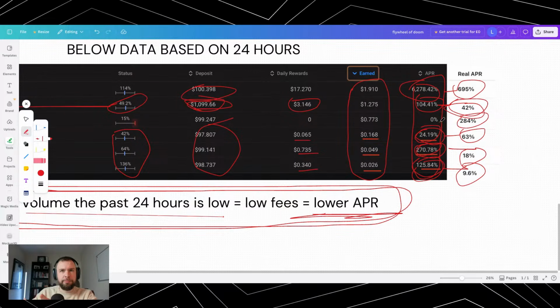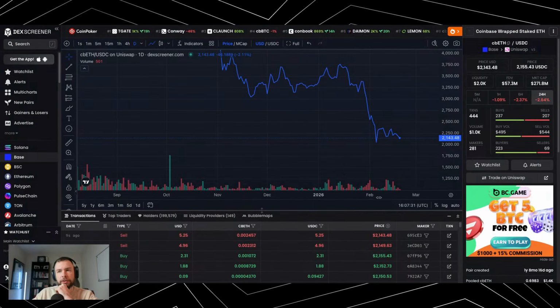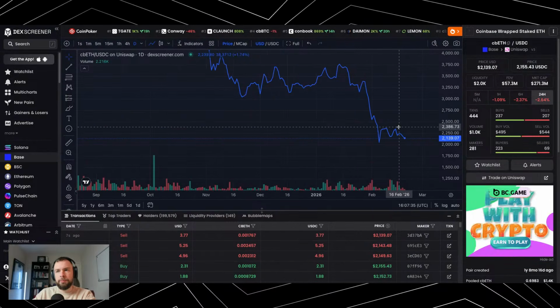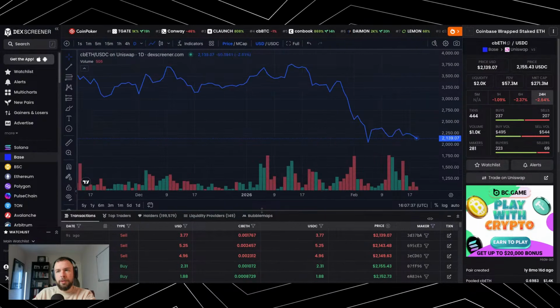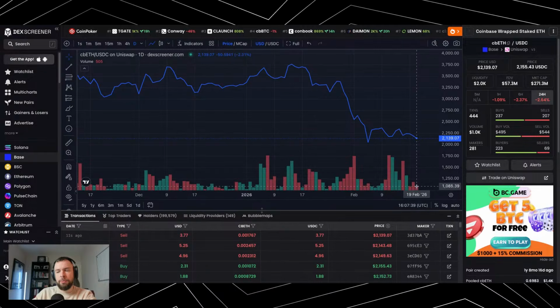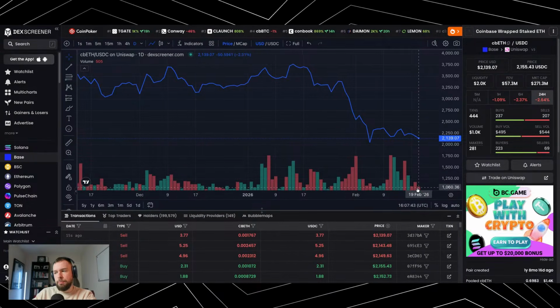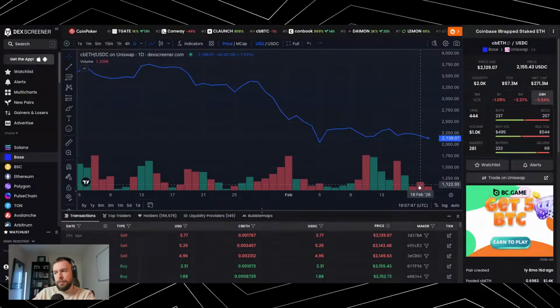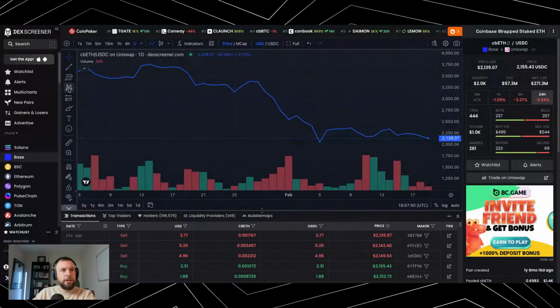However, the reason it was lower than the 104 stated, if we look on here, this is obviously the price action. But look at the volume. So this is the volume in the last 24 hours. And I'll zoom in actually even more. Better. This is the volume in the last 24 hours.